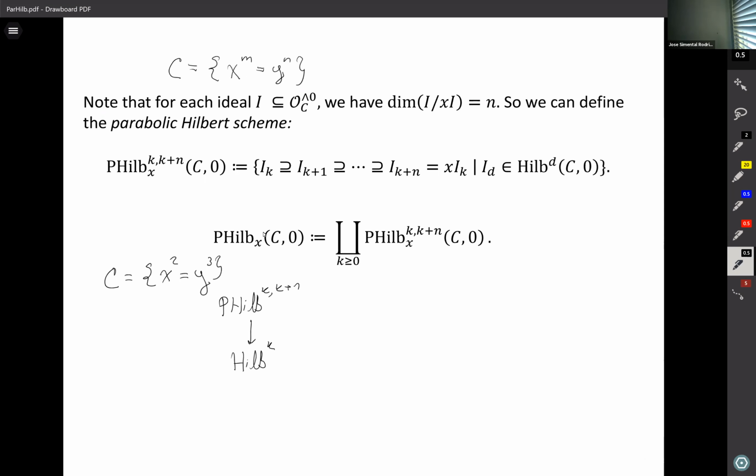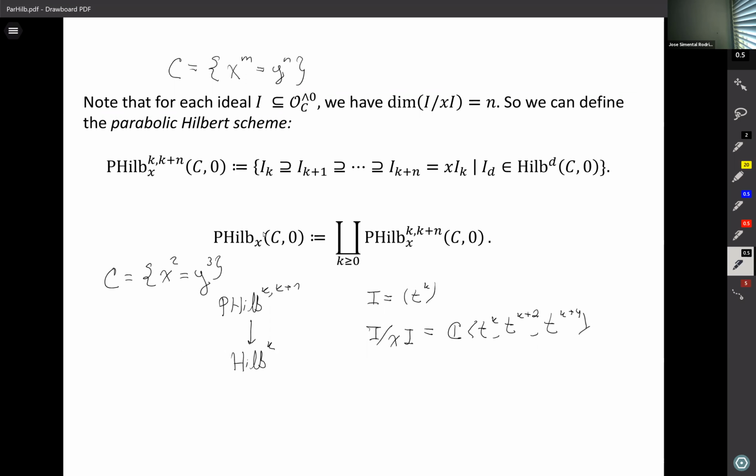Let's take, for example, the case when this ideal I is generated by t to the k. Then the ideal I mod xI has a basis t to the k, t to the k plus 2, t to the k plus 4.